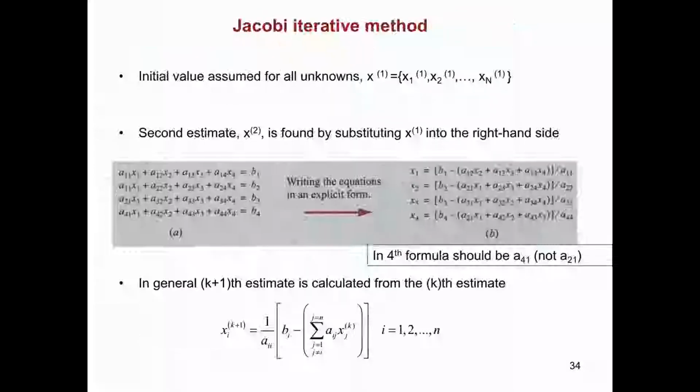So I can formalize what I see here. Does everybody recognize that every x1, x2, x3, x4 I'm showing as xi here? So i is 1, 2, 3, or 4. This k plus 1 indicates my next iteration.